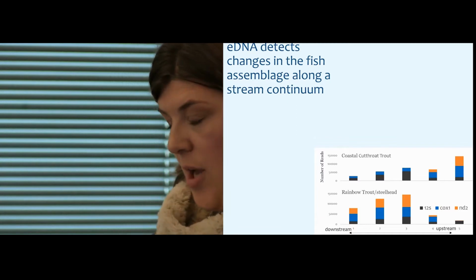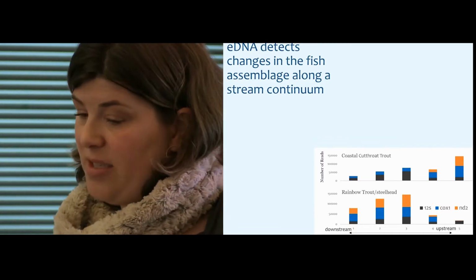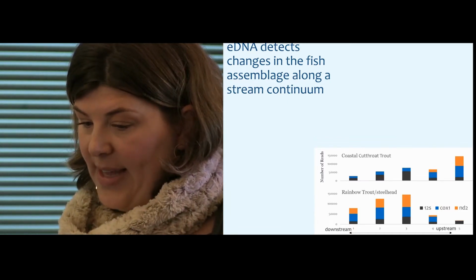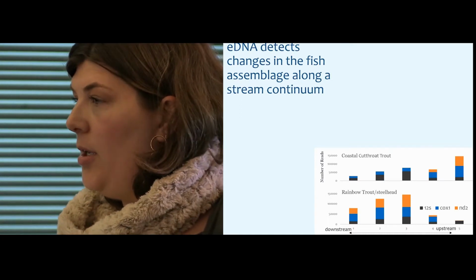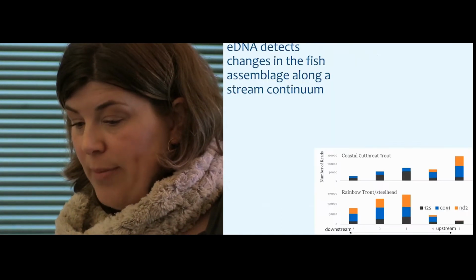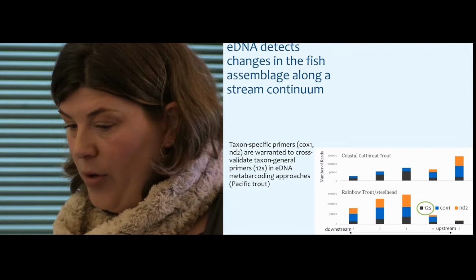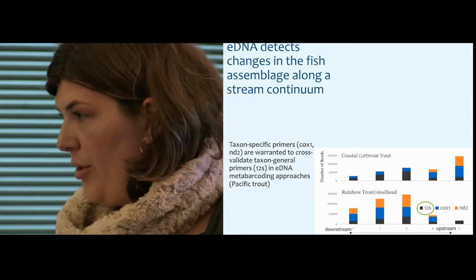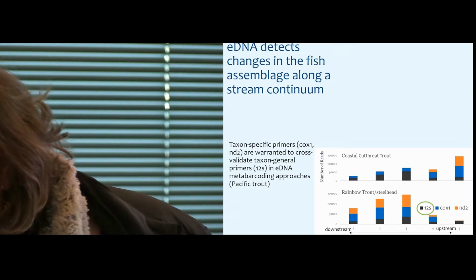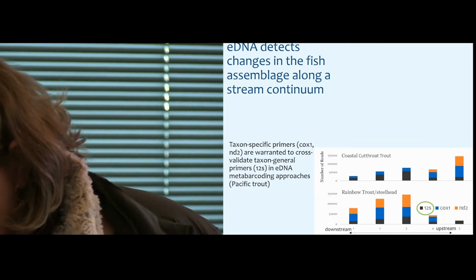In general, we see what we would have expected to find moving upstream: we have the highest number of reads from our rainbow trout steelhead at the hatchery outflow, and those above that line were only those that were passed above, which is our expectation.